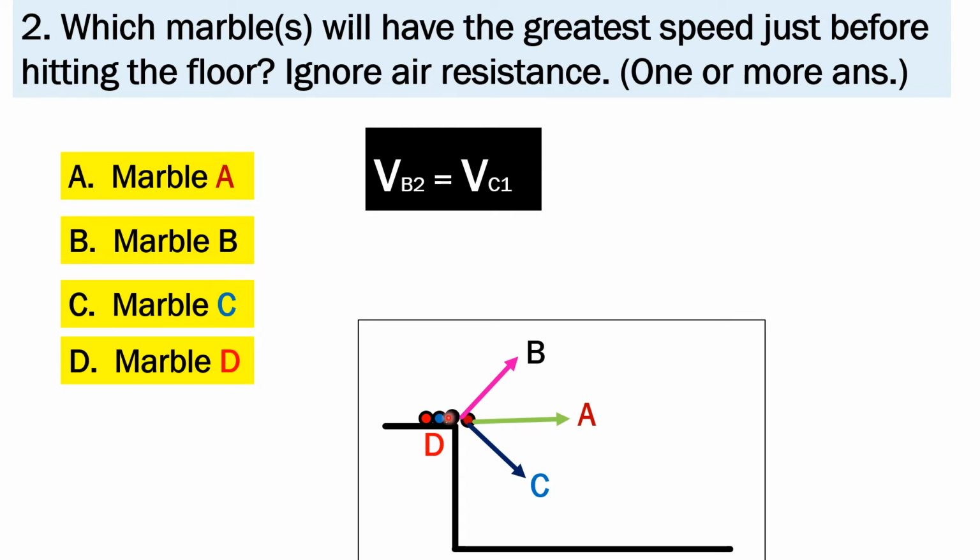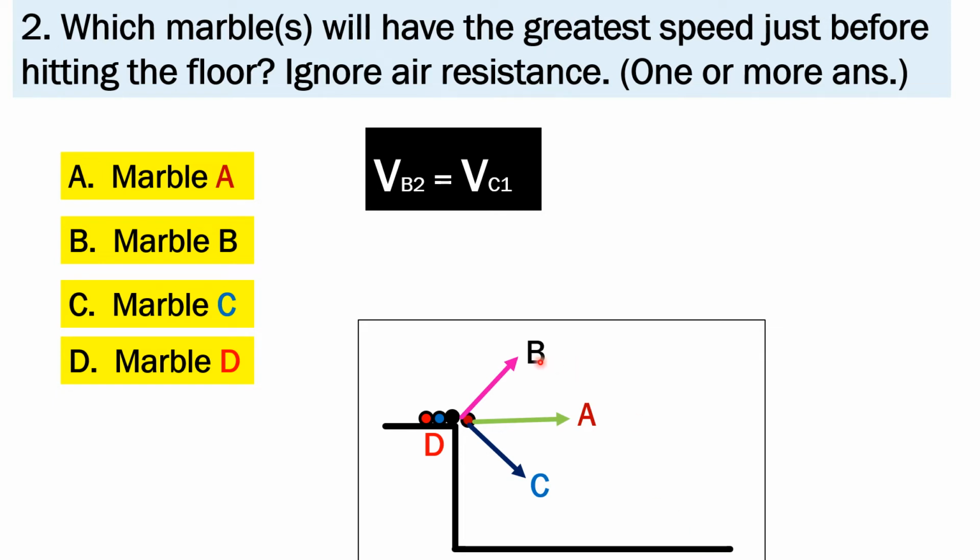So that is how we compare the motion of marble B with marble C. Hence, the velocity of marble B upon reaching that point, at the same level as the initial position, will be equal to that of marble C. So if we continue analyzing what's going to happen to these two marbles, B and C, when they reach the floor.